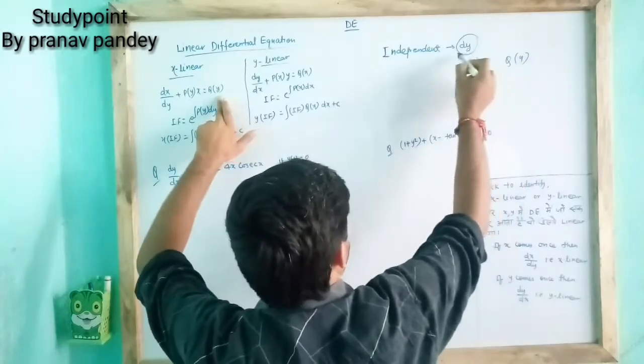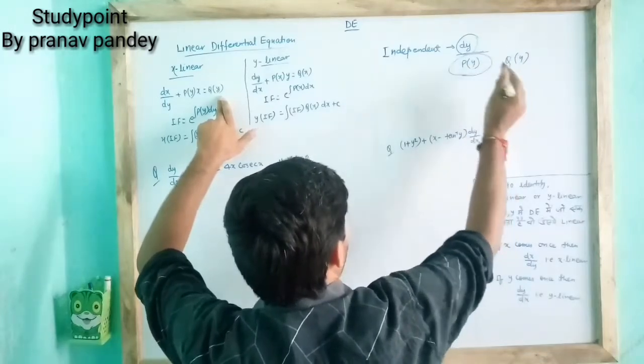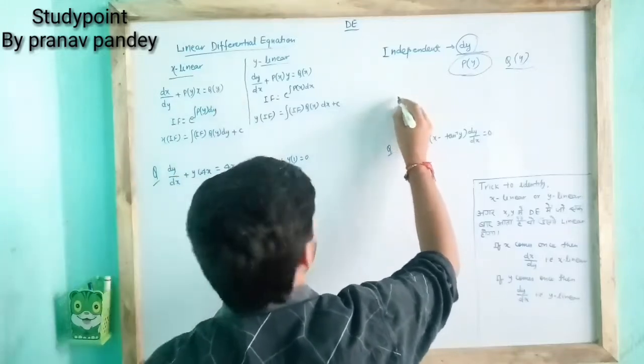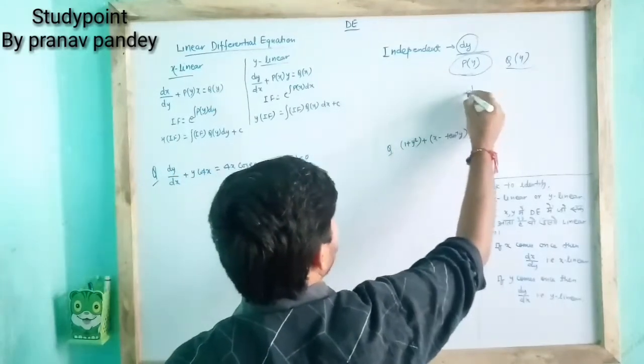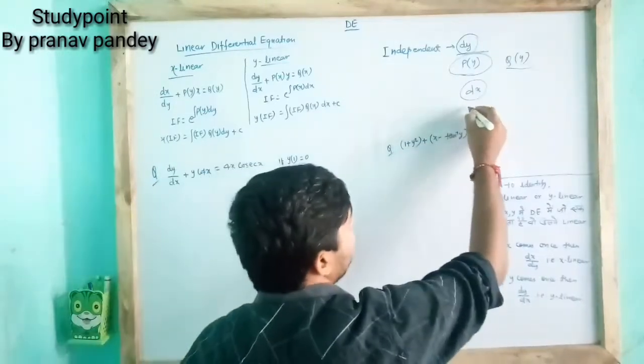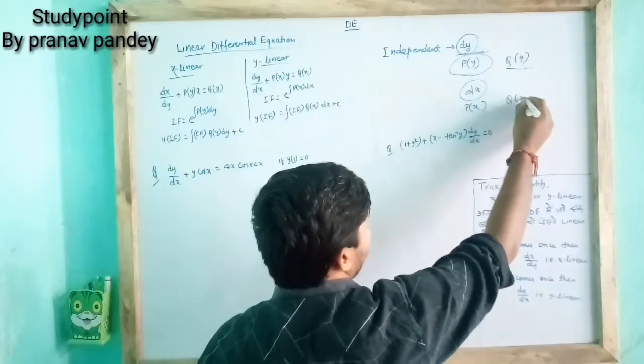So when dy will be independent, then p is a function of y and q is a function of y. When dx is independent, if this condition occurs, then we can say that p is a function of x and q is a function of x.